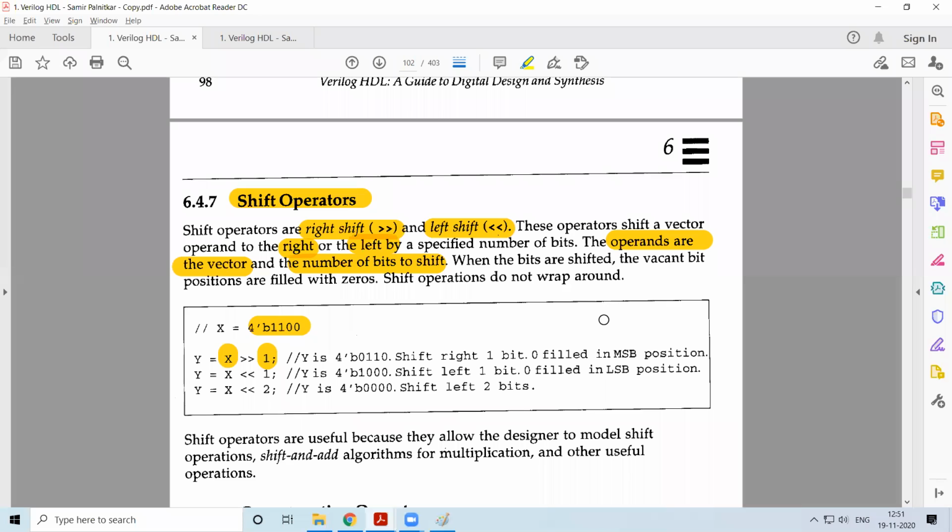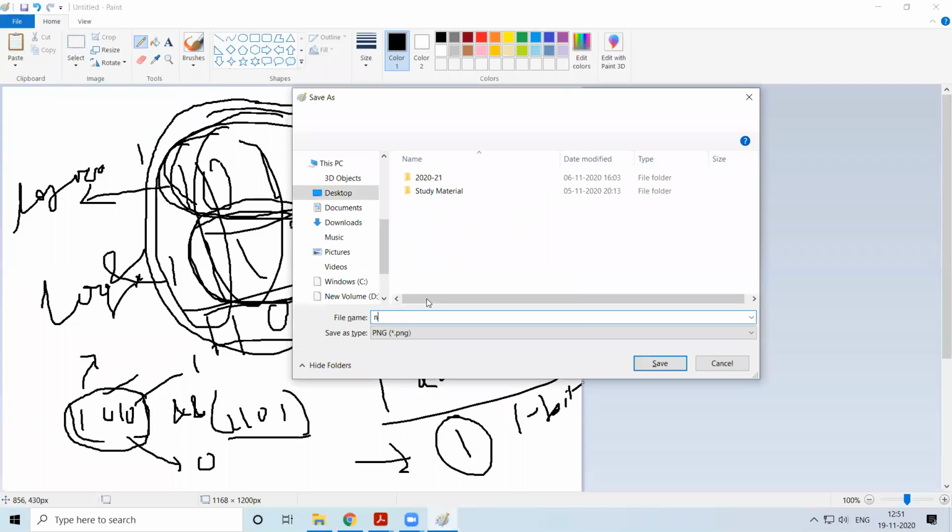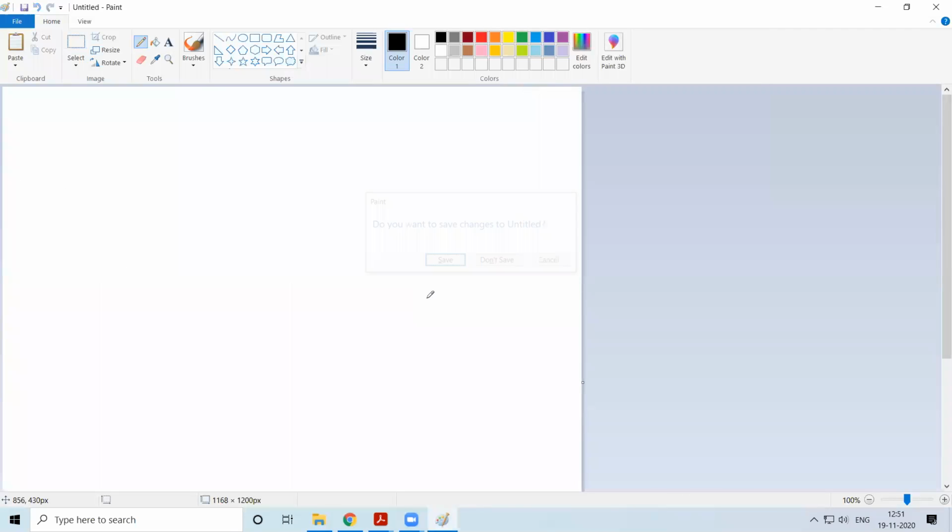The vacant bit positions, what happens to these? They are filled with zeros, and you do not have any wraparound. Wraparound in the sense, suppose you have a number over here, and if I shift it and this bit comes over here, then that is wraparound. That is not what we are doing here.